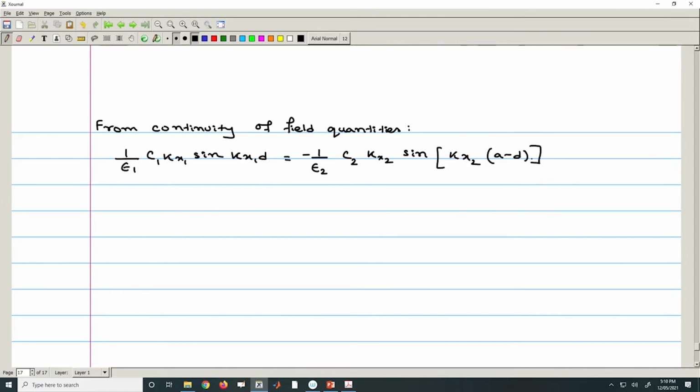That is, we are equating E y 1 and E y 2. Okay. So, this equation we get from the continuity of field quantities.